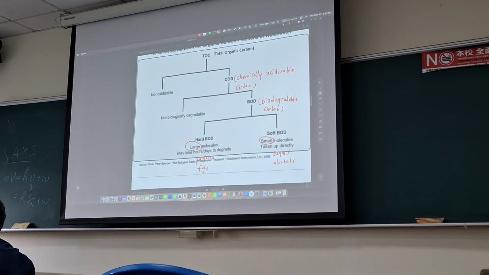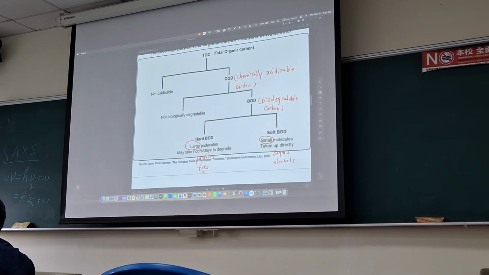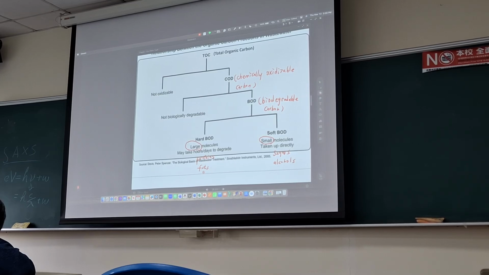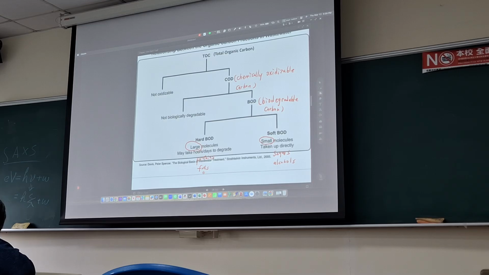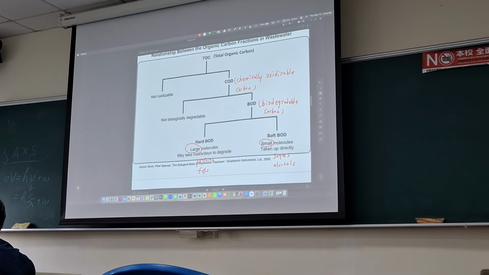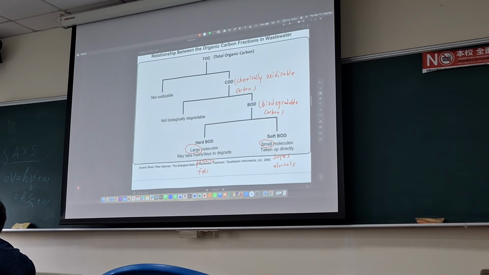So the molecular mass is huge. So it might take up hours or even days to degrade. Okay? So the O here means, the total here means O.